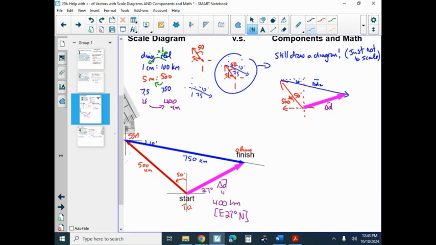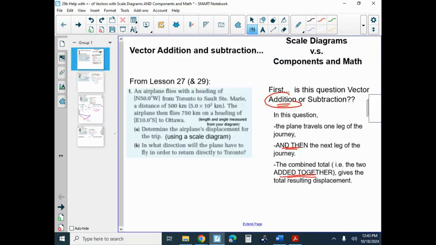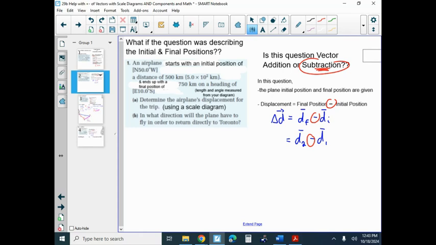When we're looking at the trips here, we have one leg of the journey, delta D1, and this is delta D2. And then the total displacement equals delta D1 plus delta D2, right? So that's the logic there, just like the kind that I showed earlier.